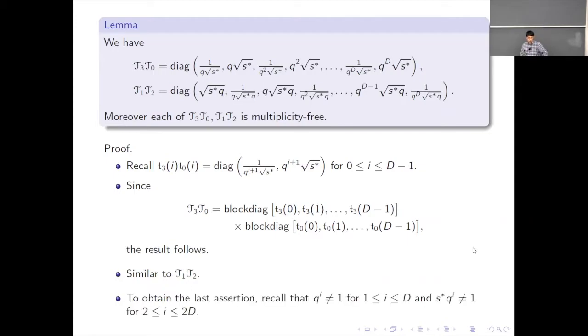For the last assertion, the diagonal entries are mutually distinct because of our condition that Q to the i is not equal to 1 and S star Q to the i is not equal to 1. So this guarantees that our diagonal entries are mutually distinct.